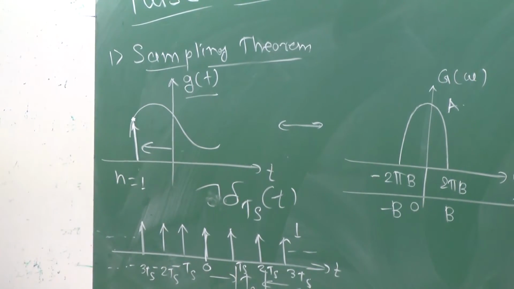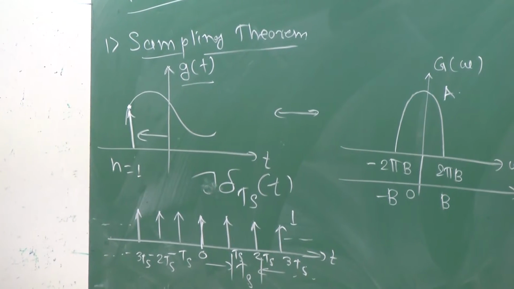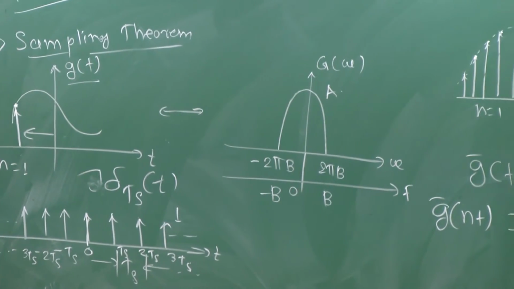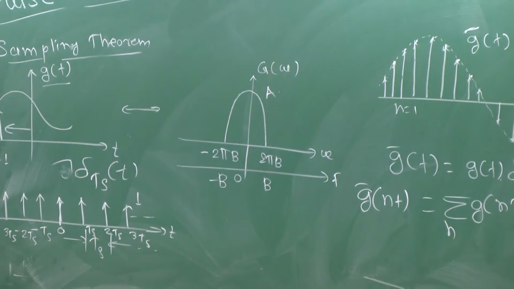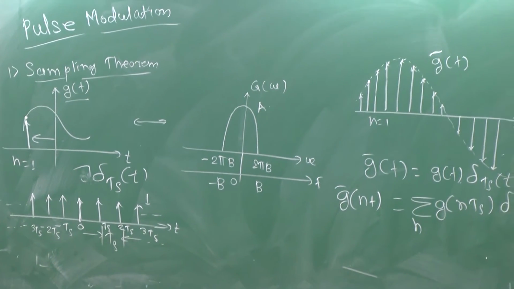Is it clear? Here we can see that this impulse function is periodic, so we can represent this impulse function by using a Fourier series.